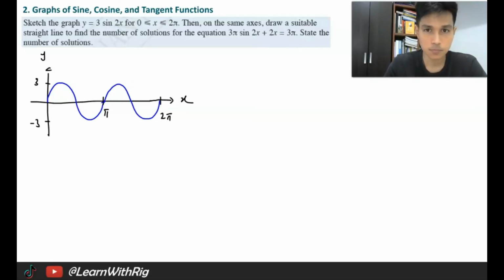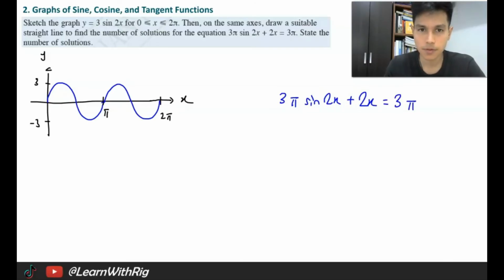Now they give you this equation, so you have to find the other graph. So here is 3 pi sine 2x plus 2x equals to 3 pi. Okay, so now we try to make one side of the equation become like the original equation here.